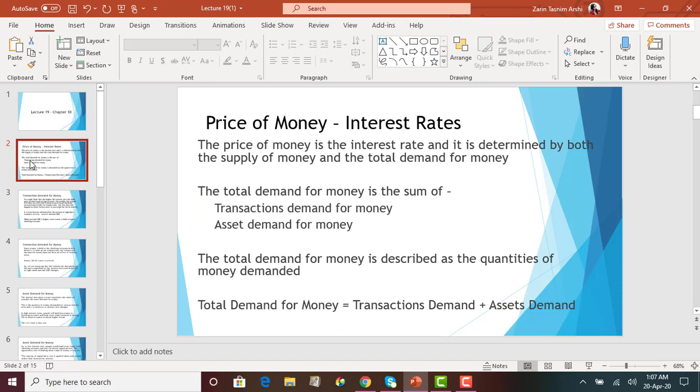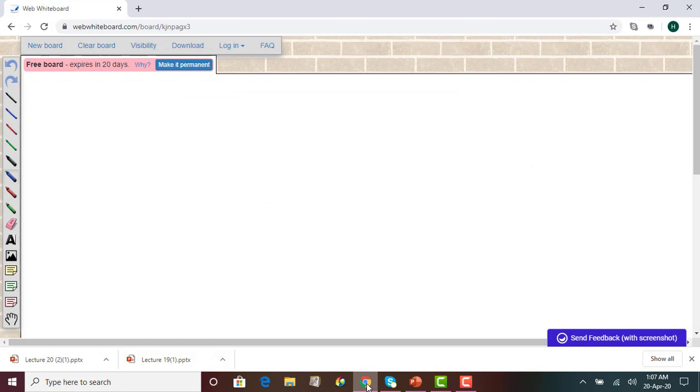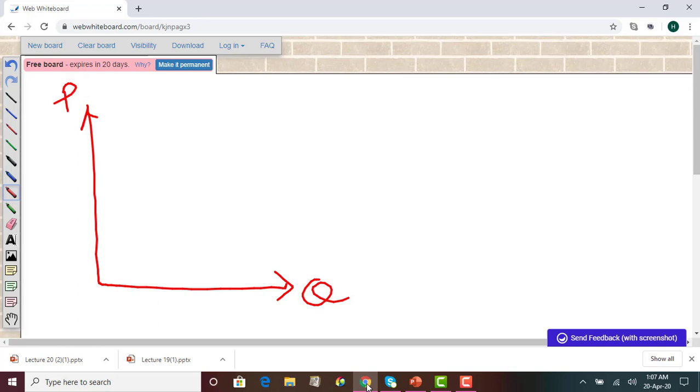So the price for money is basically the interest rate. If we go back and draw a graph, if you remember, we have quantity on this side and price on the y-axis. If we are drawing the demand and supply curve for money, the price is actually your interest rate.